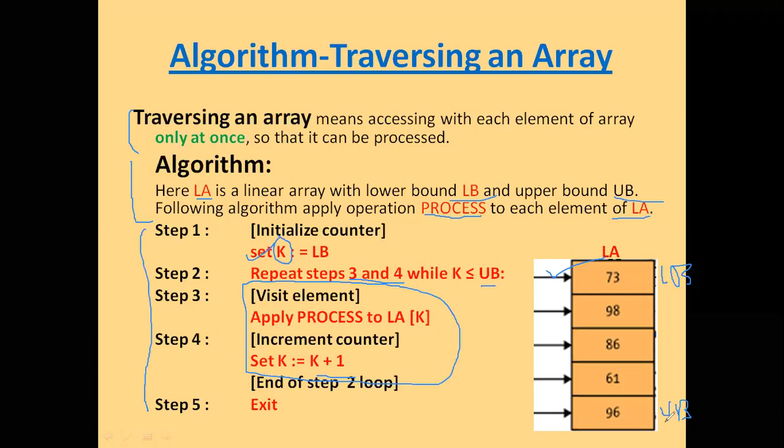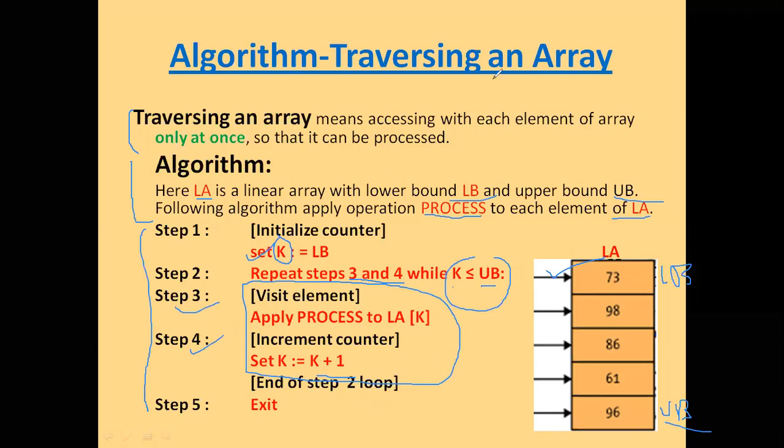As long as the value of k is not more than upper bound, you have to repeat these two steps. So repeat the third and fourth step till the condition is true. Once this becomes false, once k is greater than upper bound, you will be out of this loop.